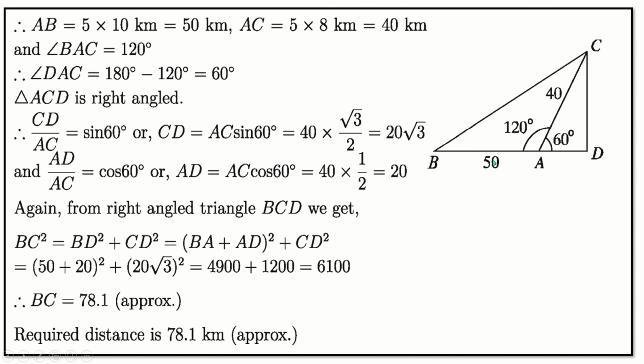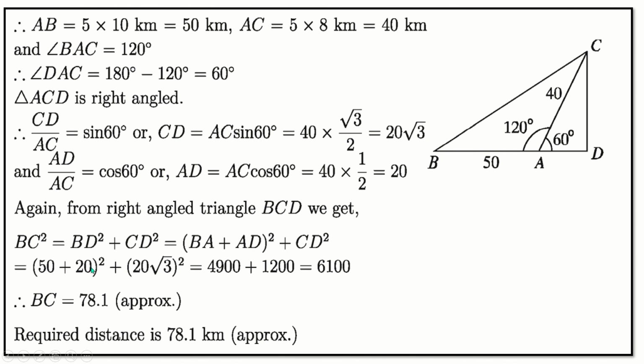Now in triangle BCD, this is also a right angle triangle. BC square is equal to BD square plus CD square. BD means BA plus AD, whole square, and we know BA and AB are the same, so BA is equal to 50 and AD is equal to 20, whole square, and CD is equal to 20 root 3.